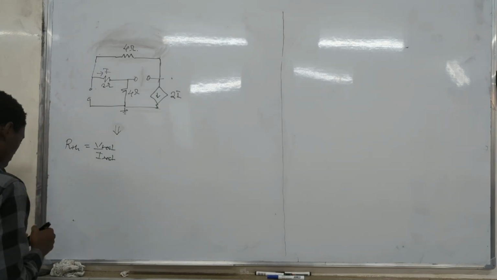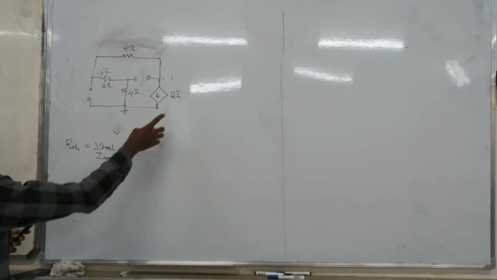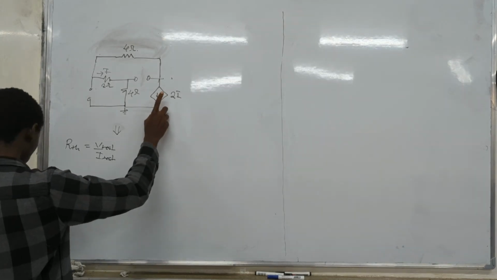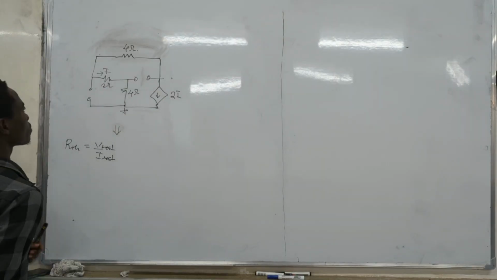So set, and oh, this is a current source. It depends on the current which is flowing.